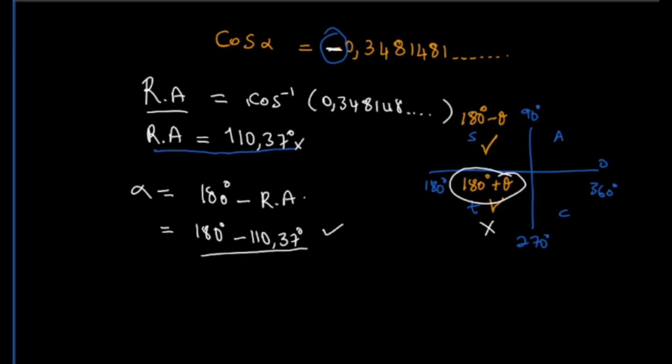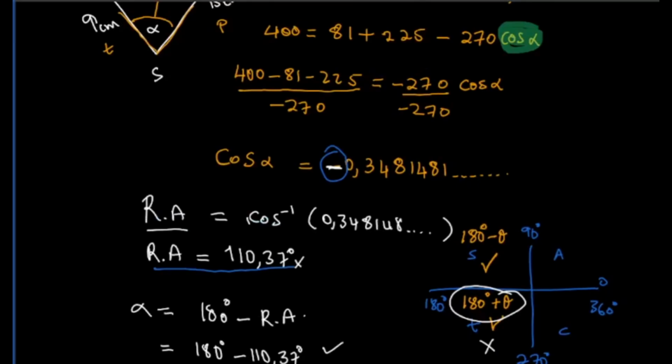Wait, let's fix something now. I think you are making a mistake somewhere. When we were finding the reference angle, you said the cos inverse of the answer that we had, the negative 0.34. Don't use the negative. I don't need the negative. Remember, I told you why we should not use the negative.